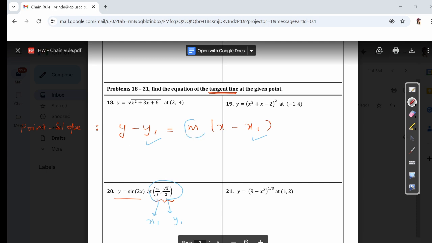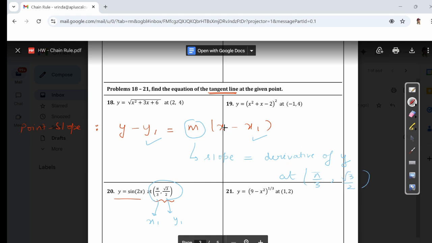Now you need to find out the value of m. And m is actually the slope of the line, and slope is given by the derivative of the function. So derivative of y at the given point at pi by 3 comma root 3 over 2.